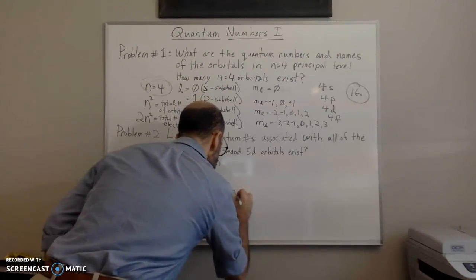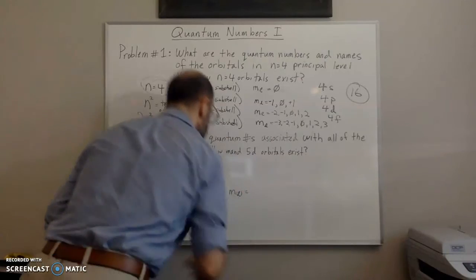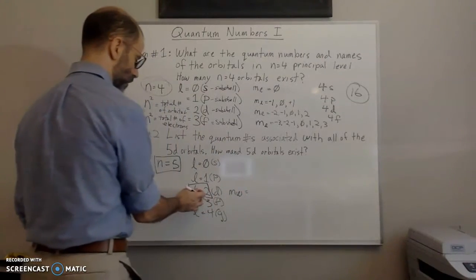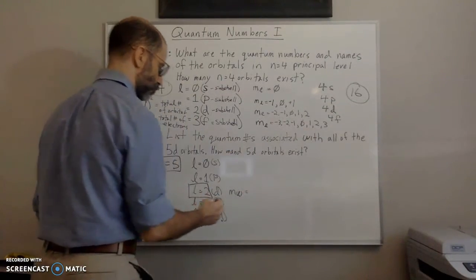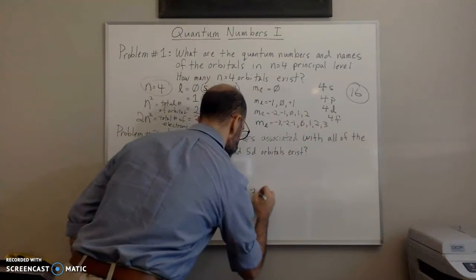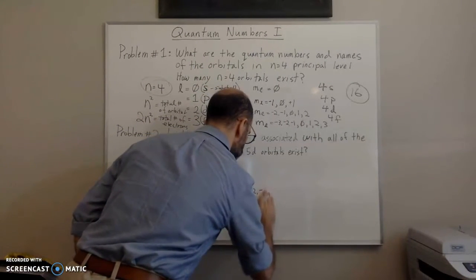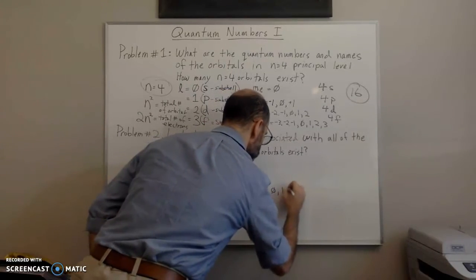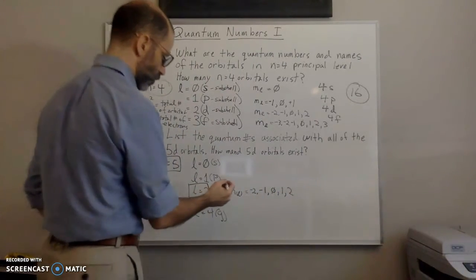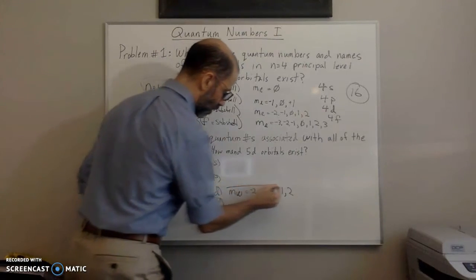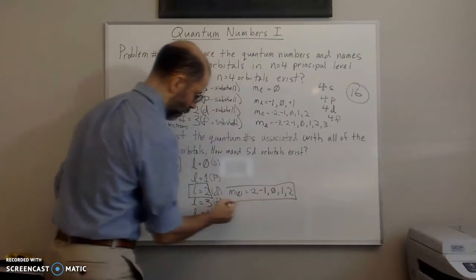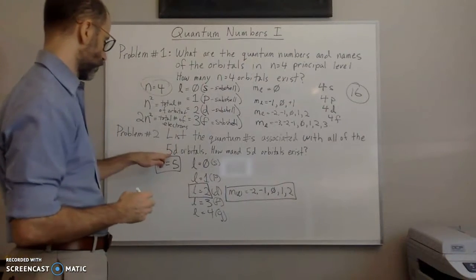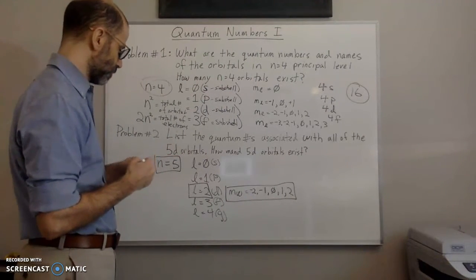So the m sub L values are going to be from -2 to +2, including 0. So -2, -1, 0, 1, 2. So all of these are quantum numbers that are associated with the 5d orbitals.